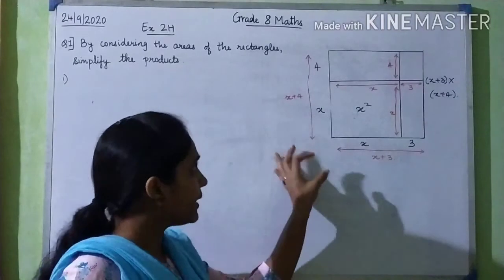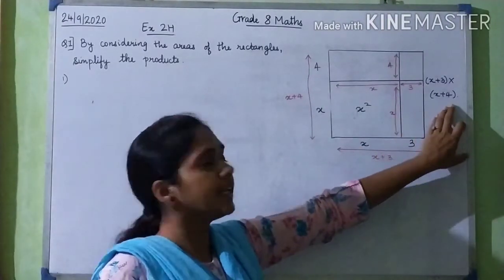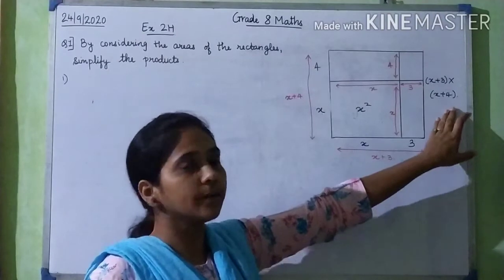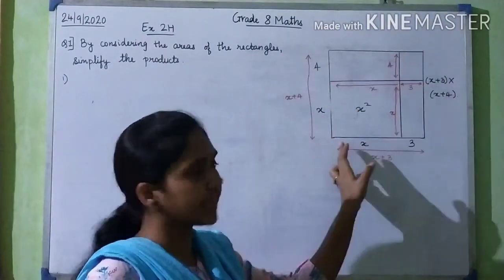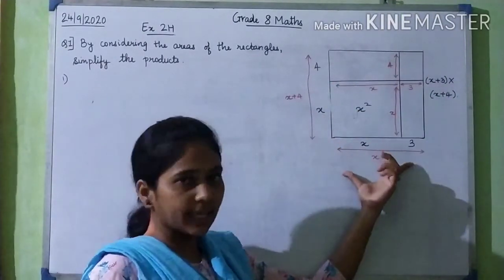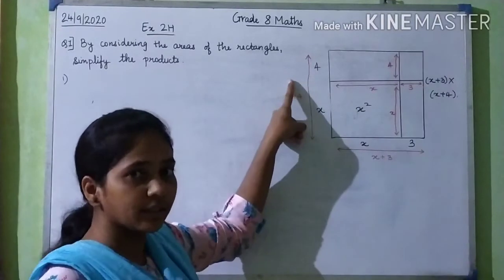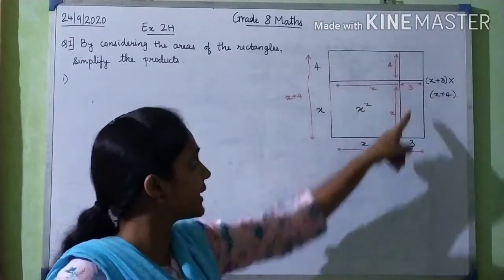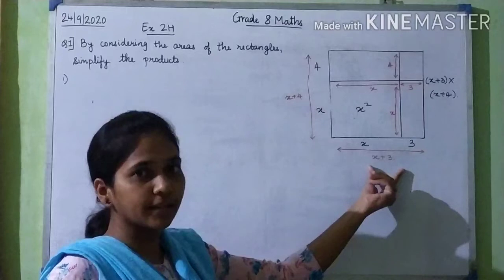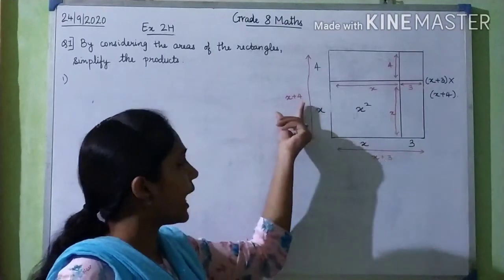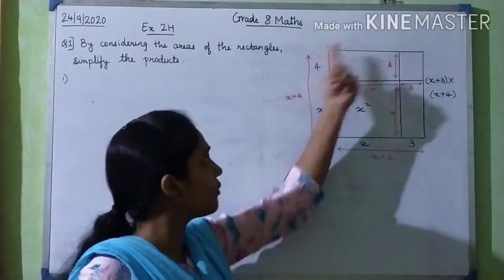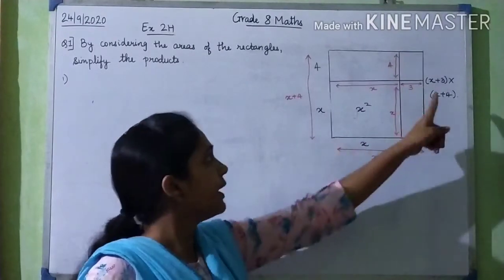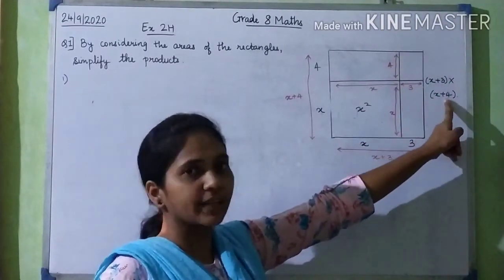The area of the bigger rectangle is length into breadth. The length is x plus 3 and the breadth is x plus 4. So the area of the bigger rectangle is going to be x plus 3 multiplied by x plus 4.